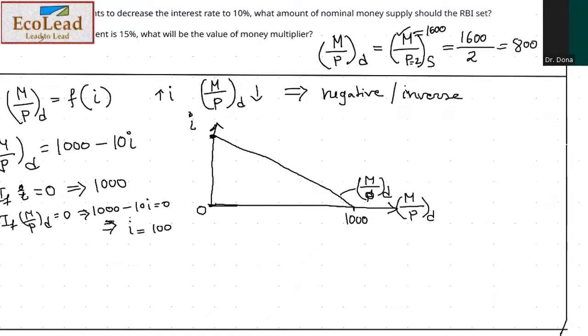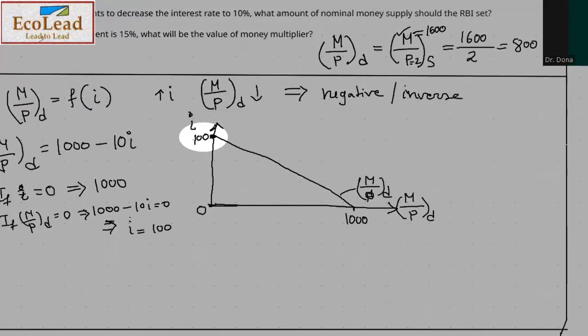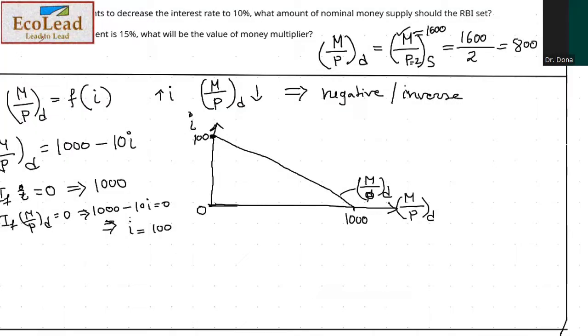We have just changed the position and solved this equation and we got the value of i, that is 100. So this vertical intercept is 100 and the horizontal intercept is 1000. So this is our money demand curve.